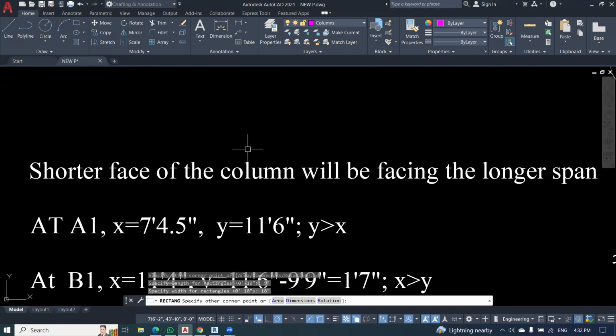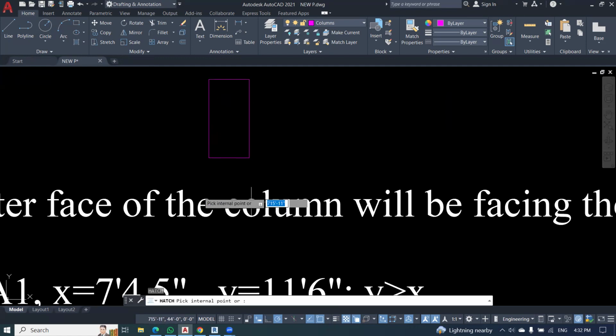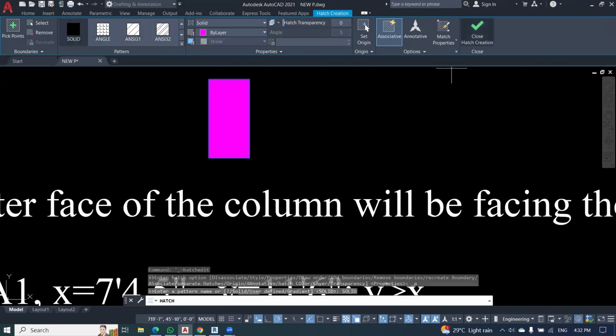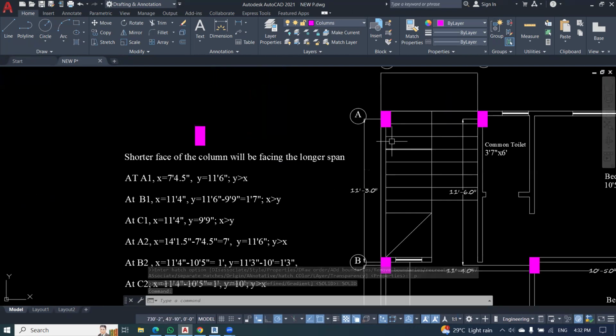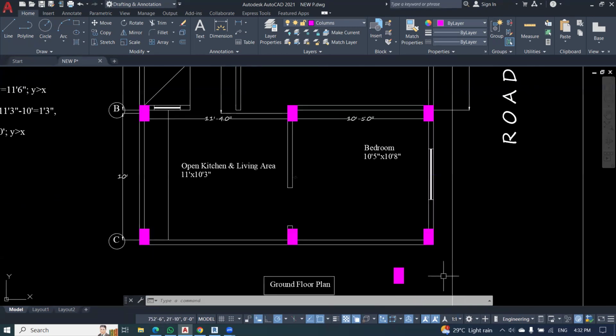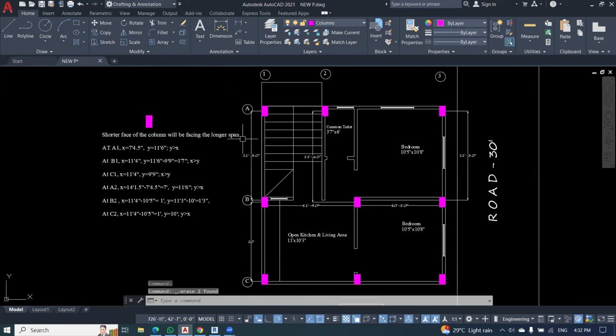Which one is the shorter face? The vertical one is the shorter face. So the shorter face will be in the longer direction.